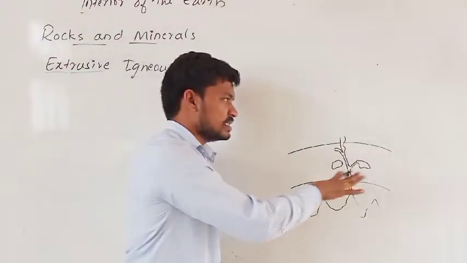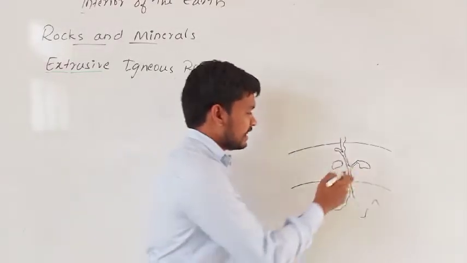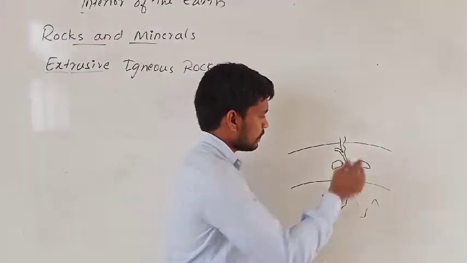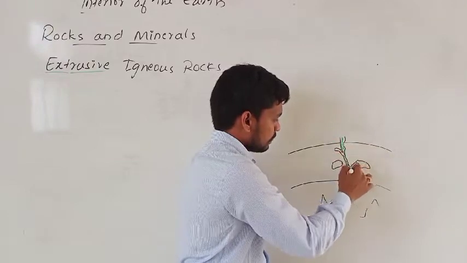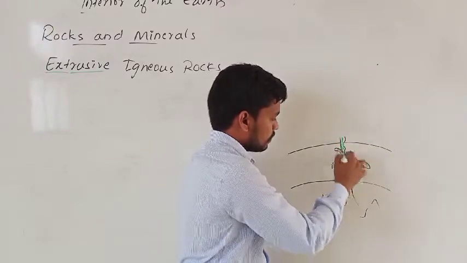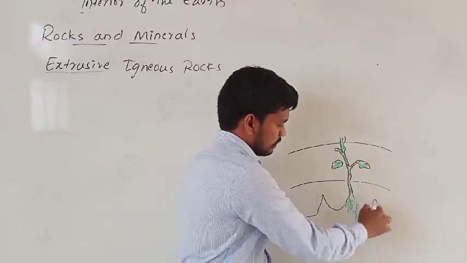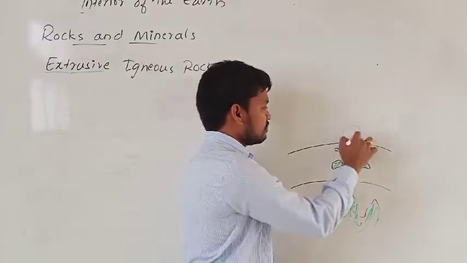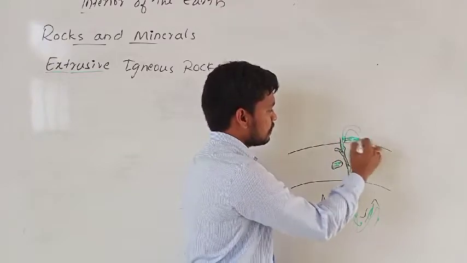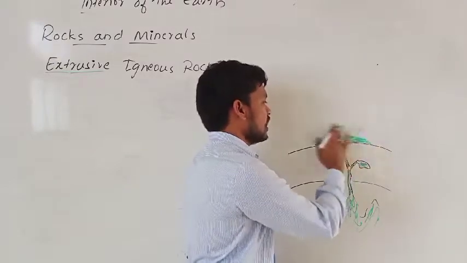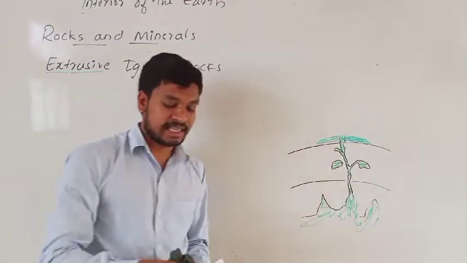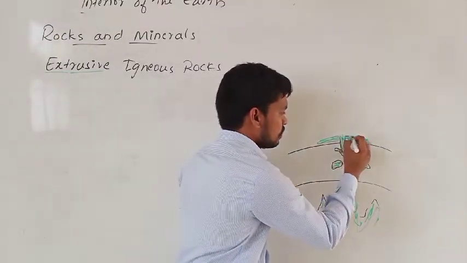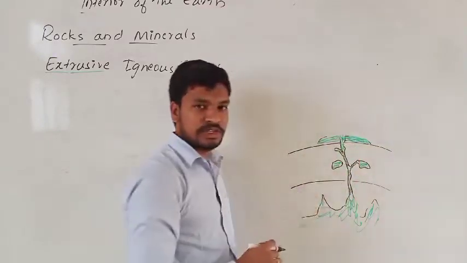It is broken, that's the reason it is moving. Here, when it comes out of the Earth's surface, the core magma inside the Earth is called magma. So it comes out of the Earth's surface and it cools and solidifies. It's called extrusive rock. This lava after turning into hard rock is called extrusive rock.